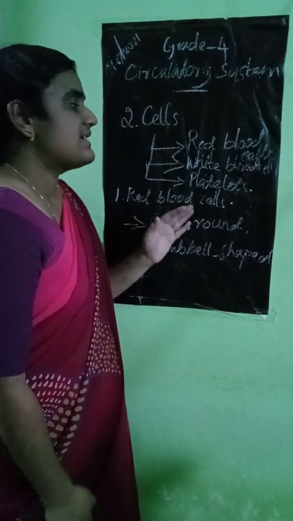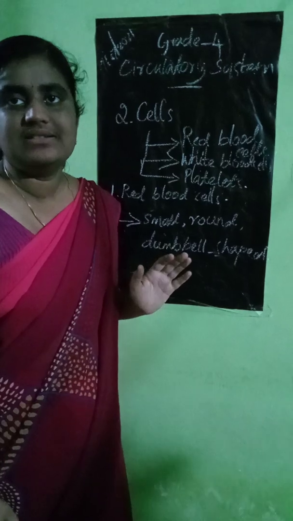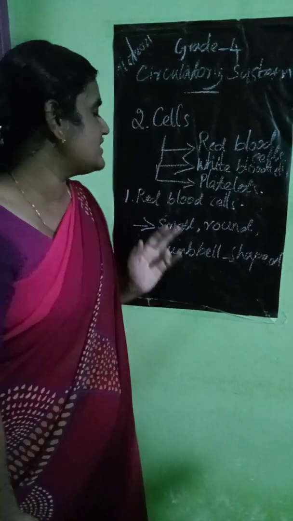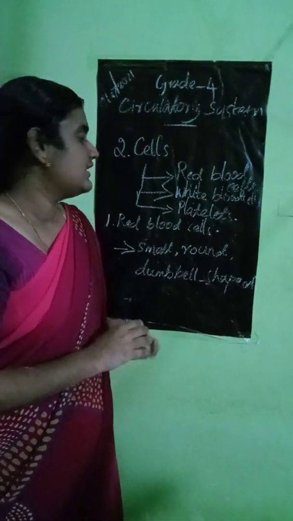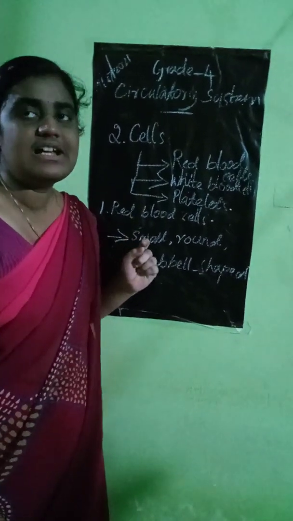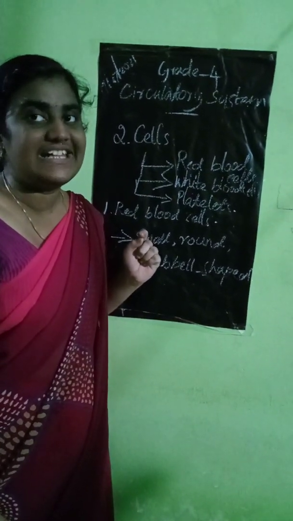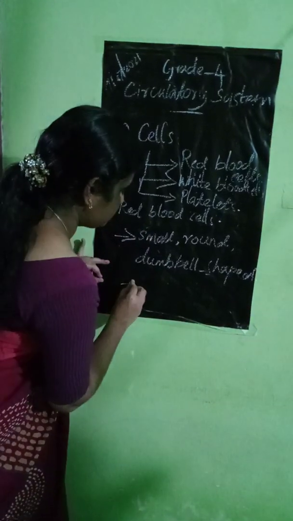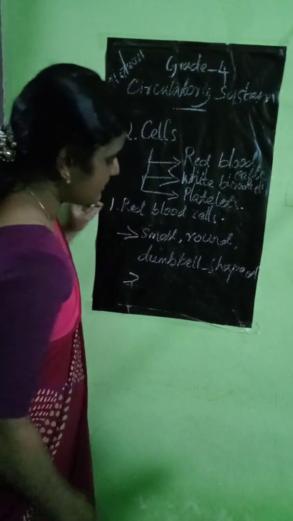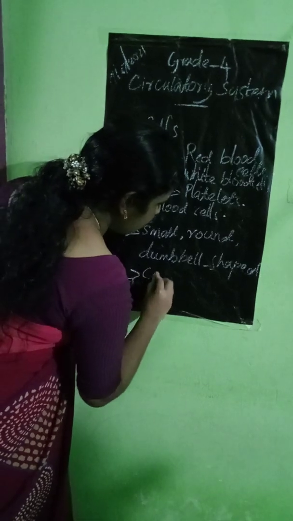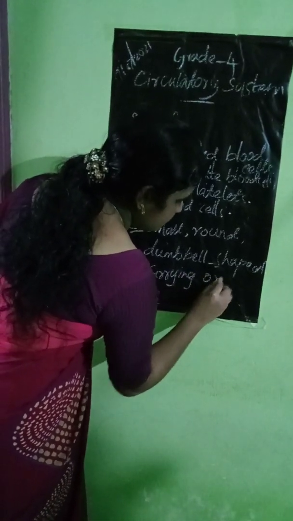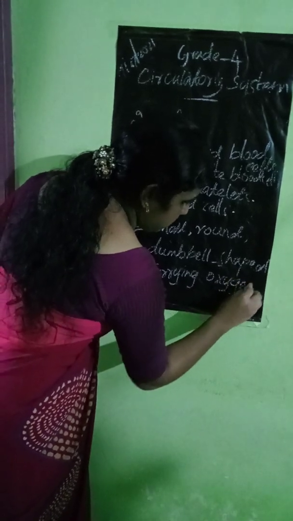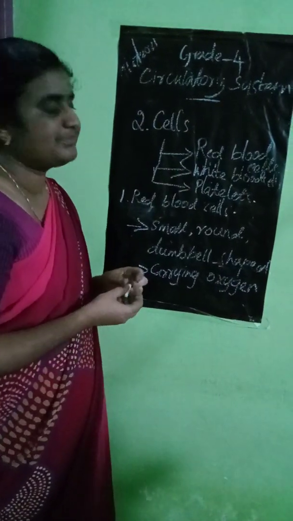This red blood cell carries hemoglobin that gives the red color to the red blood cells. These red blood cells are responsible for carrying oxygen. Okay.